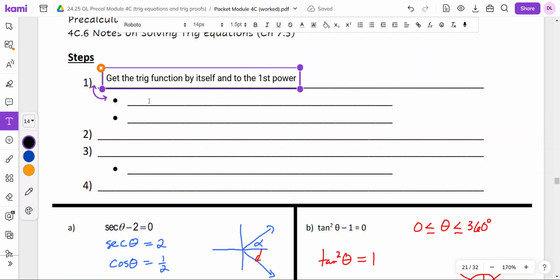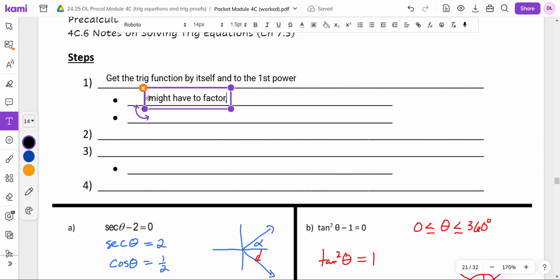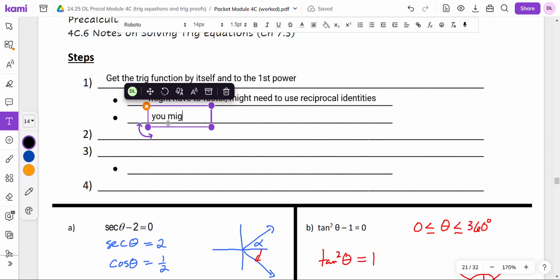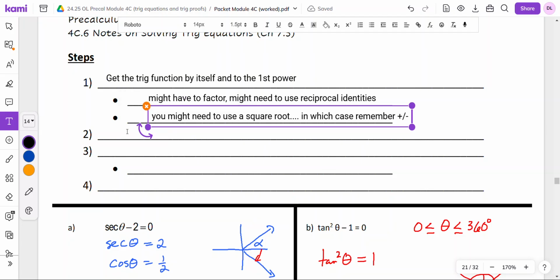When you're doing that, you might have to factor, might need to use reciprocal identities, and as well, you might need to use a square root, in which case, remember that we're going to have plus or minus.